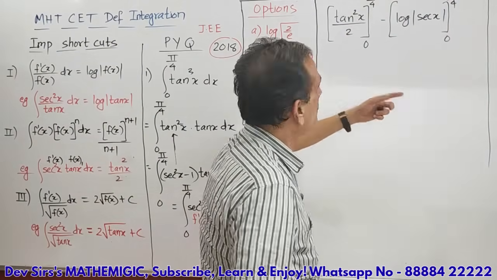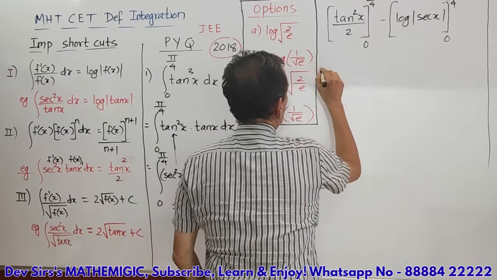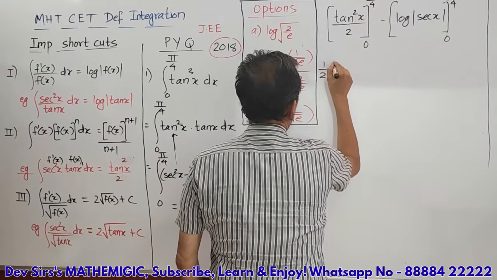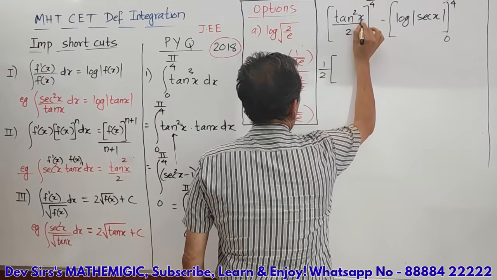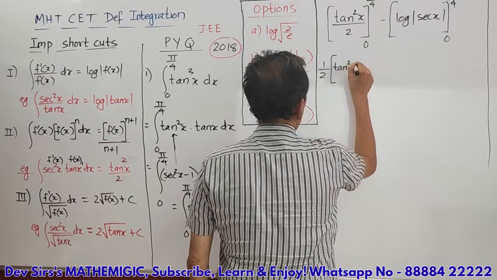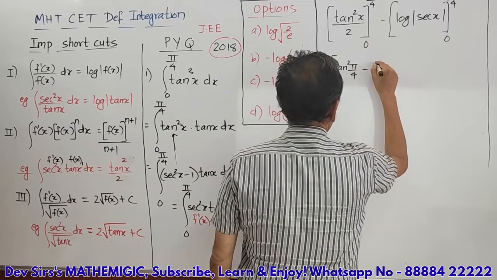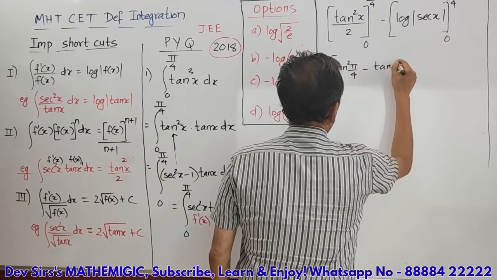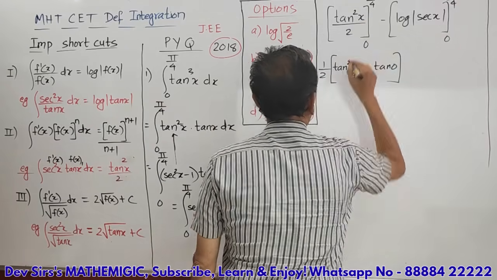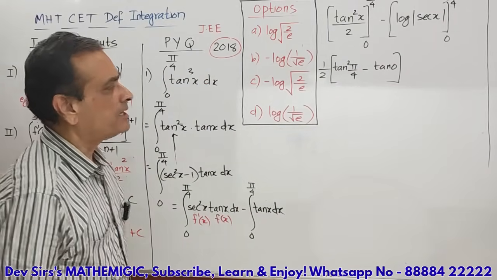You know the basic thing now. Upper limit minus lower limit. So take 1 by 2 outside. Constant बाहर देखो. In place of x, put upper limit. In place of x, put lower limit. Lower limit is 0. Similarly here.